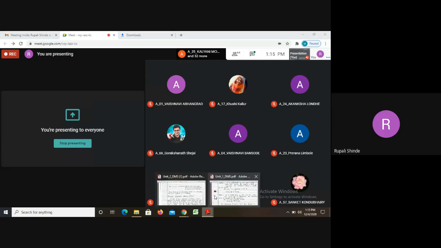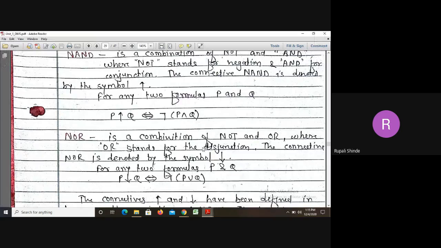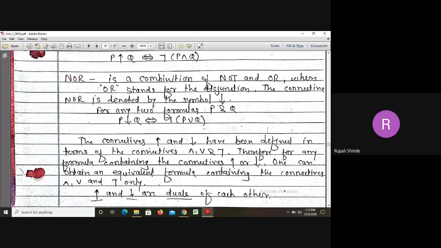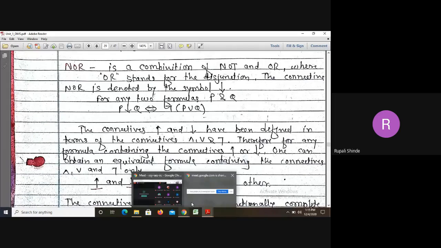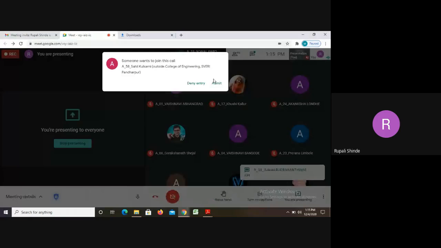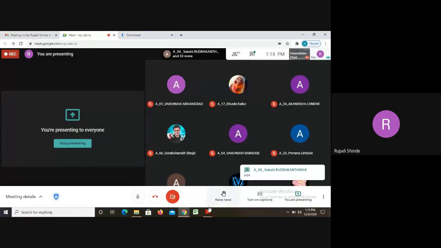NAND and NOR are opposite to each other, or we can say duals of each other. NAND is a combination of NOT and AND, and NOR is a combination of NOT and OR. Why are they called duals? Last lecture we saw the duality law.